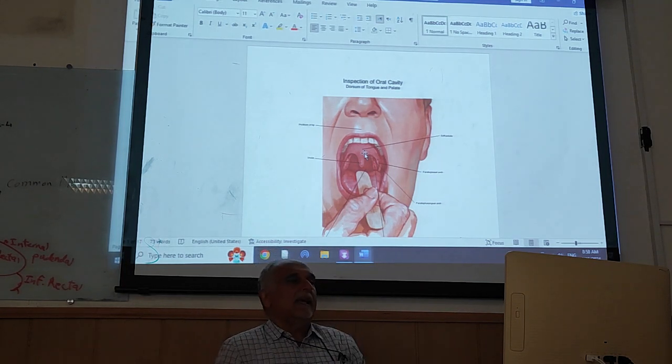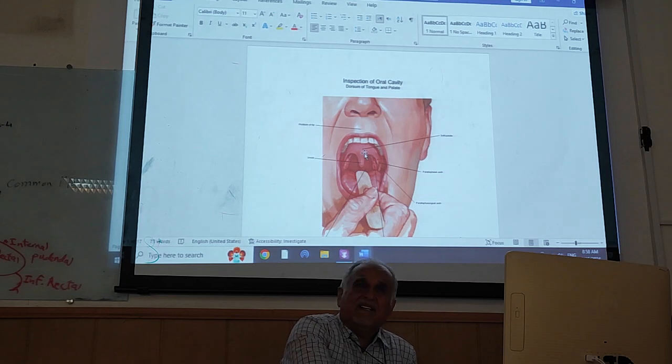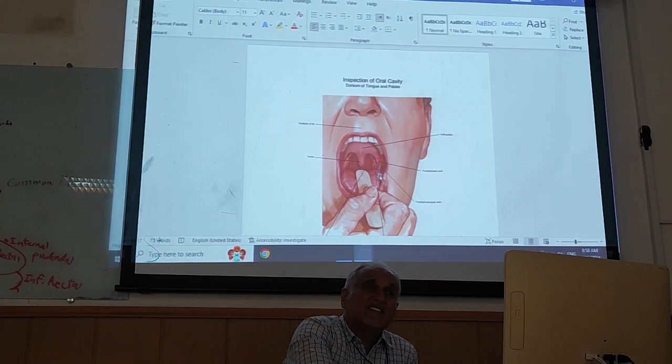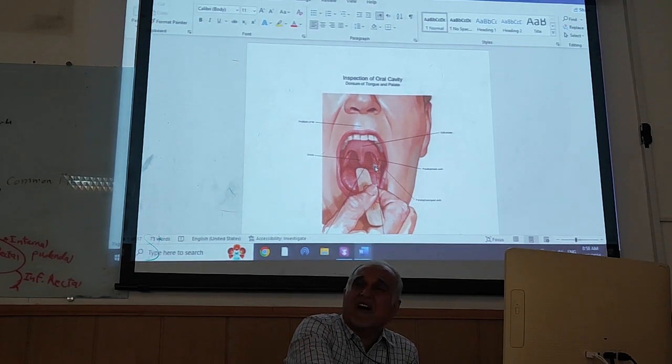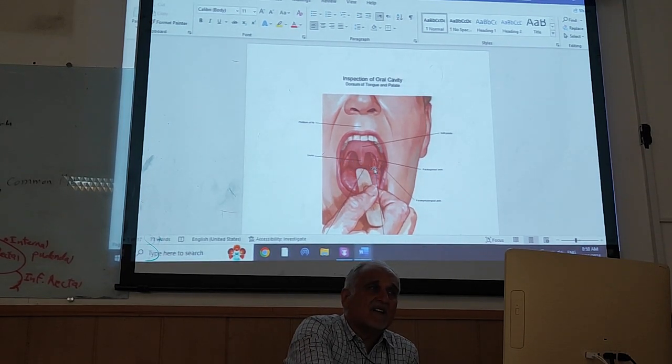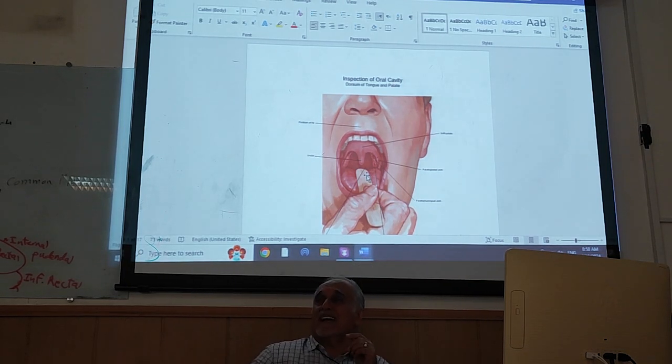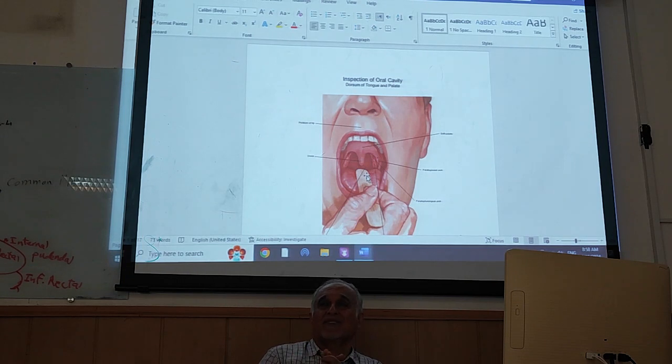Again, in the oral cavity, as you can see here, at the most posterior part there is some tonsil. These are pharyngeal tonsils. And again, the tongue at the most posterior part has some tonsil, the lingual tonsil. And one more tonsil that we have at this part, who can tell me about that?